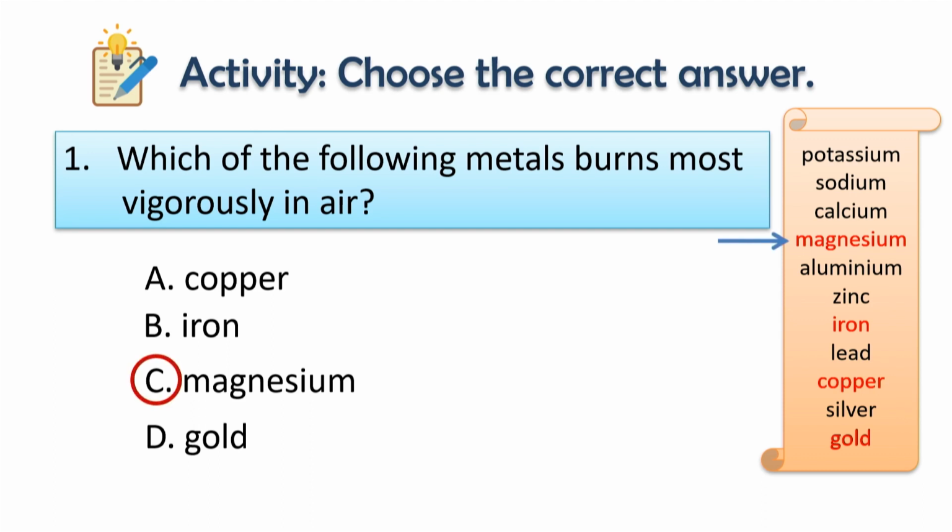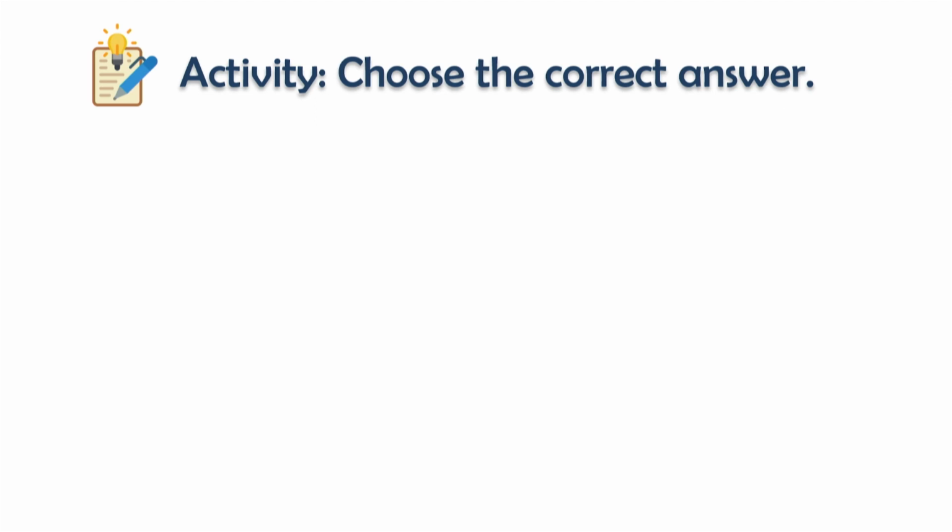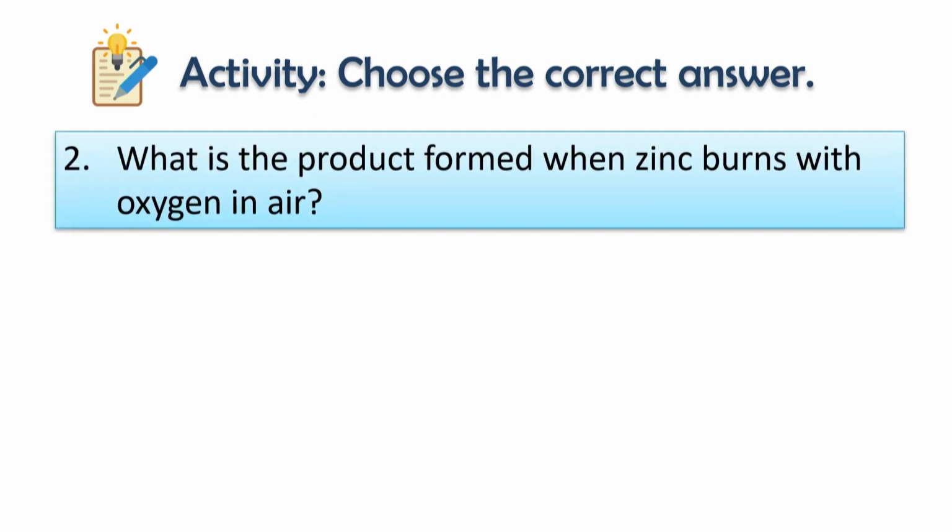Correct. The answer is C. Magnesium is most reactive in this list. Second question. What is the product formed when zinc burns with oxygen in air?